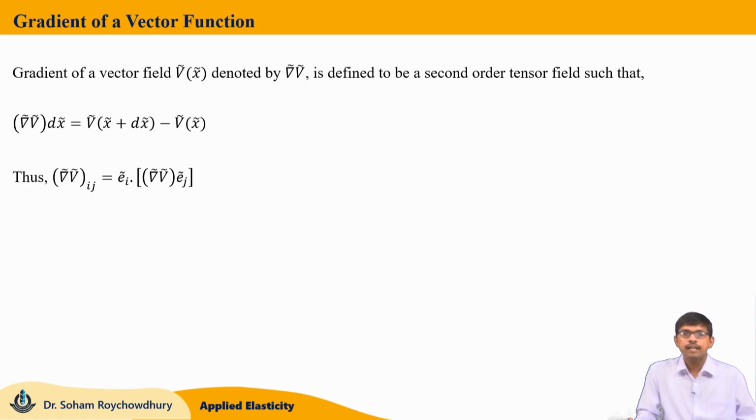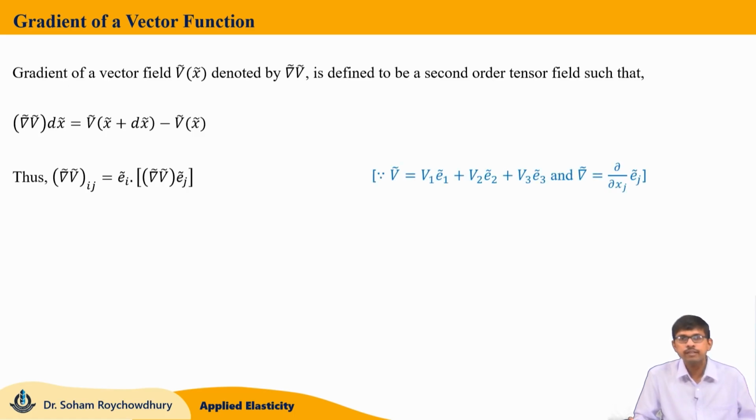Now, in the component form, the ij component of grad V is, by definition of tensor component, equal to ei dot grad V acting over ej.